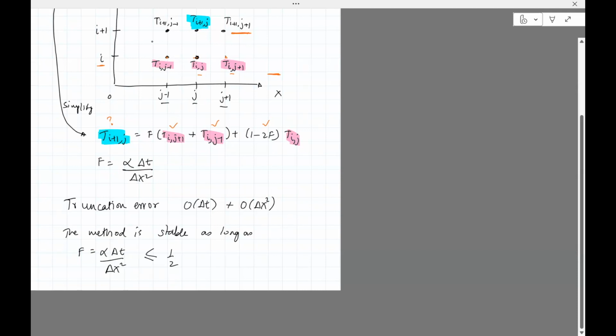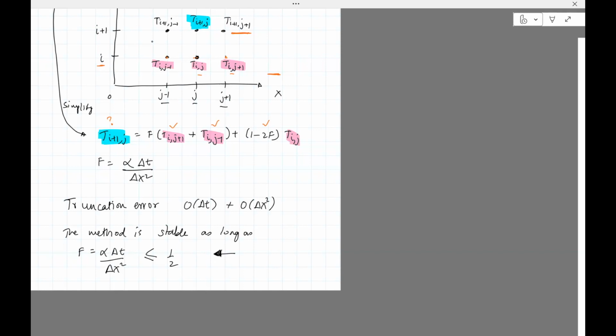Here the half probably comes because of this. If you try to take greater than half, I think this term will basically blow up. And then you'll get solutions which go to infinity when actually the heat cannot go to infinity in the physical example. So this is the drawback of the method. It is not stable. It's conditionally stable.